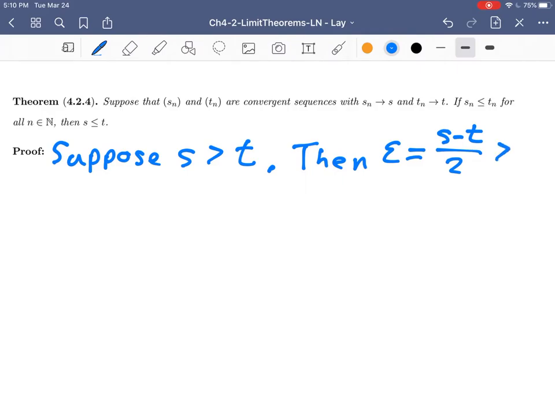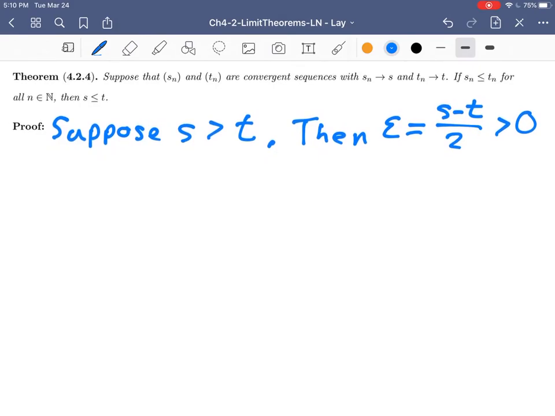Since S is bigger than T, that value should be bigger than 0, right? So that is an appropriate value of epsilon, a value of epsilon that we could choose.